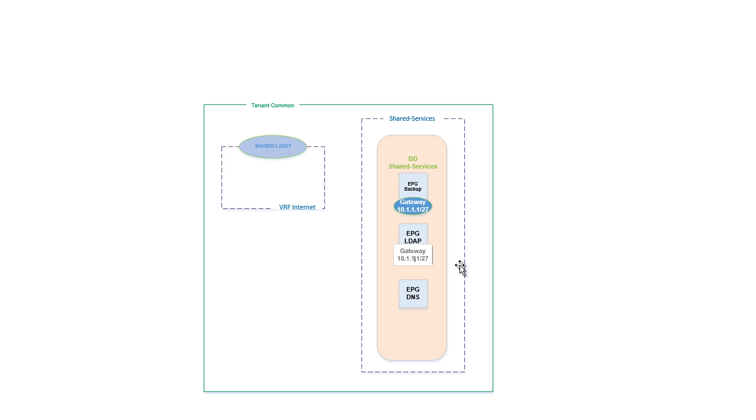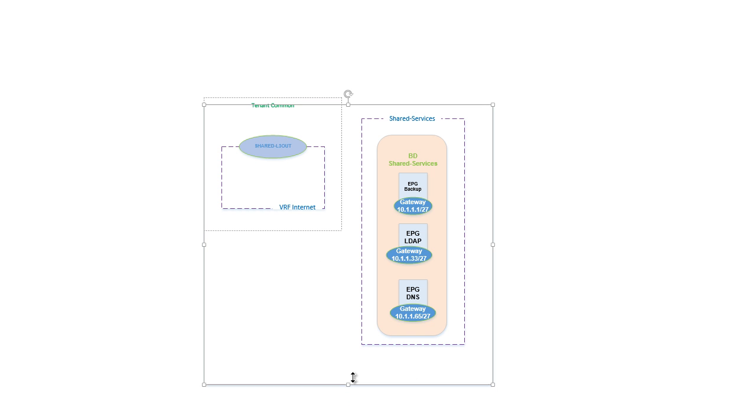For LDAP, we're going to do .33. And for DNS, we're going to put .65. Okay.